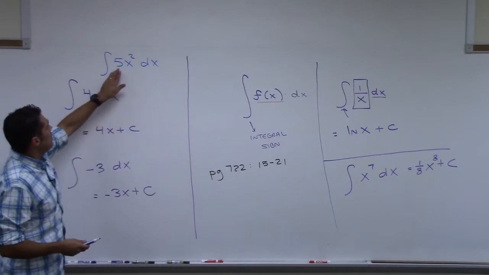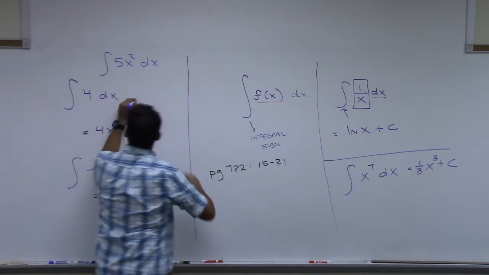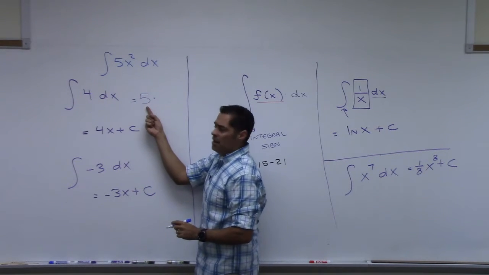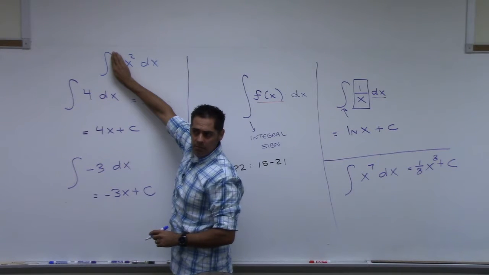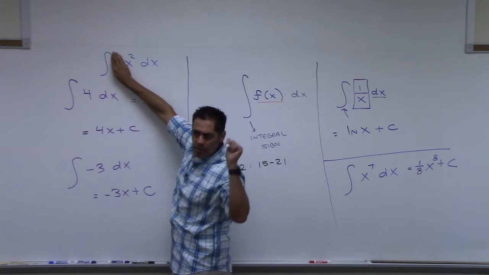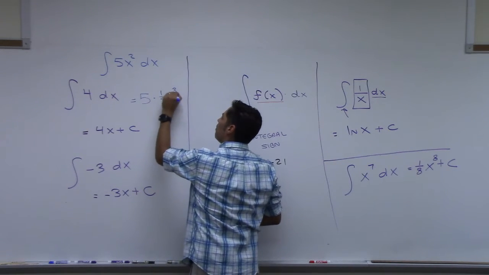So if I wanted to find the antiderivative of this, I would ignore the 5, and the 5 would be sitting here in my answer. The 5 is going to come for the ride, and then I just find the antiderivative of x squared, which would be 1/3 x cubed, using the power rule. That would be 1/3 x cubed plus c.